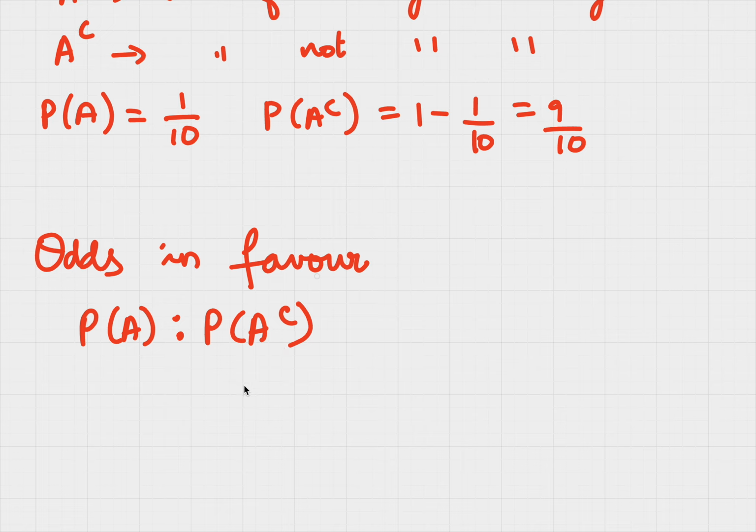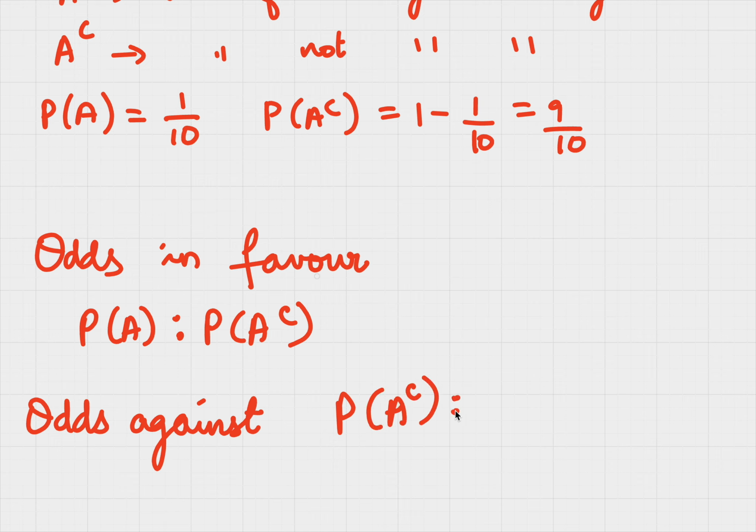We can also tell it as the ratio of successful to unsuccessful. Whereas odds against is P of A complement to P of A. It is the ratio of unsuccessful to successful.